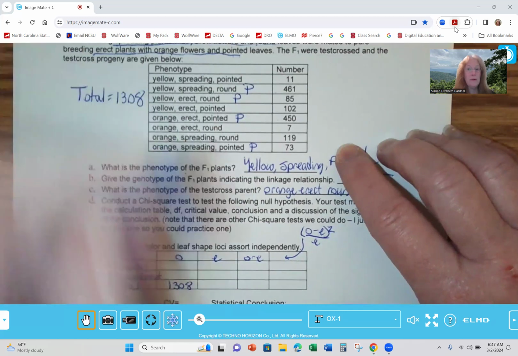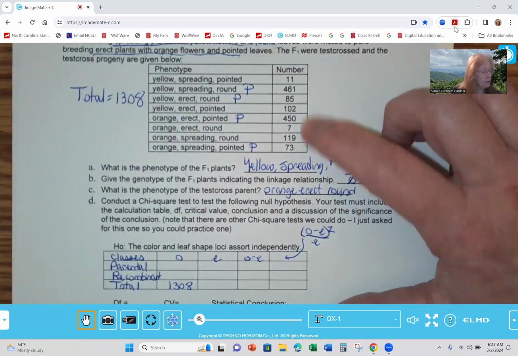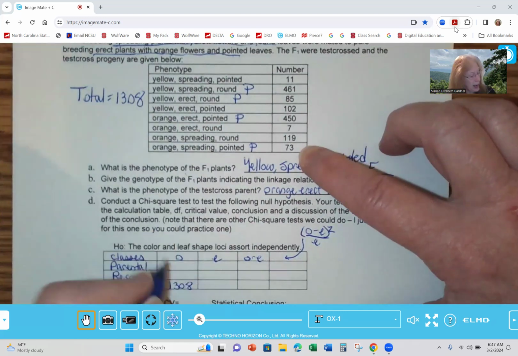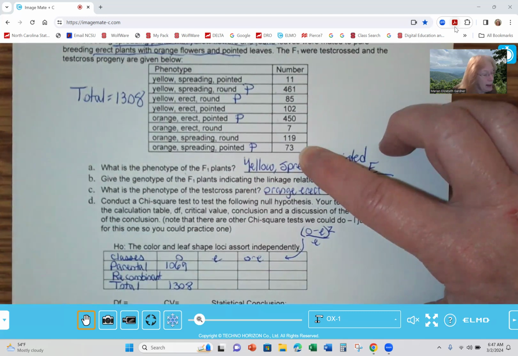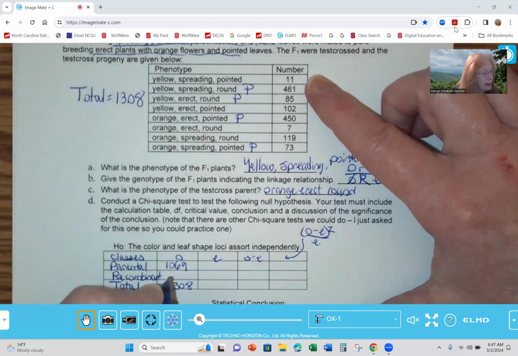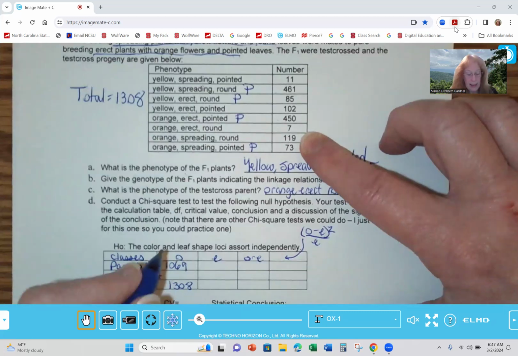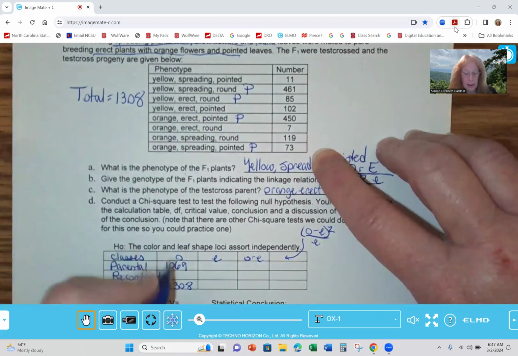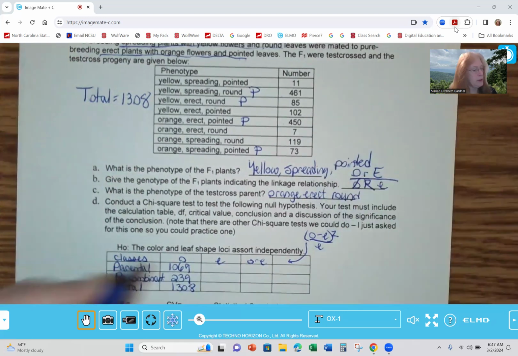If I add those 4 types together, 461, 85, 450, and 73, I have 1,069. And then I need to find the recombinants. That's everything else. So 11 plus 102 plus 7 plus 119 is 239. And I'm just going to write these here.